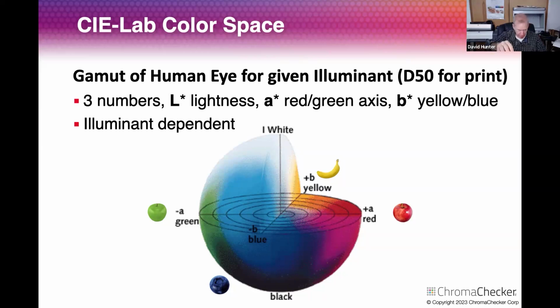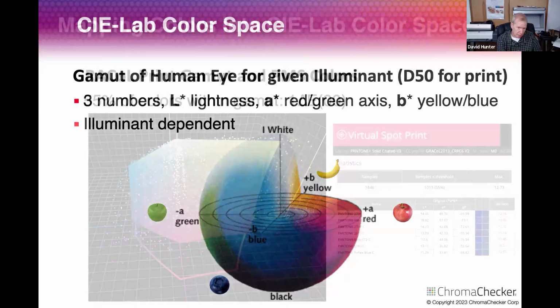Again, if we look top down, we've got our ROY G. BIV. As you go counterclockwise around what you see on the screen here, we go red, orange, yellow, green, blue, indigo, violet. And it just so happens the A and the B axis kind of line up on red and green on the A and yellow and blue on the B. Did that answer the question?